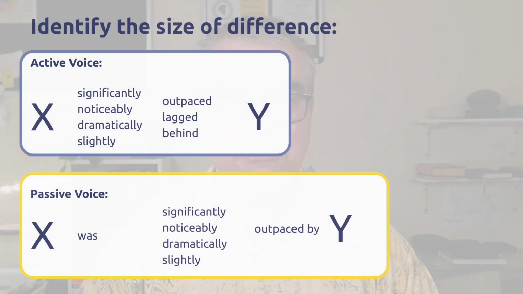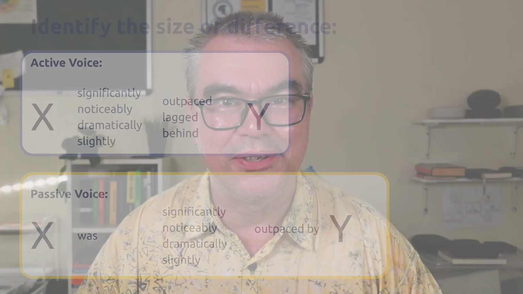I'm talking about adverbs like significantly, noticeably, dramatically, and if you have a small difference, you can use slightly. These adverbs just go in front of your verb, and you can use them either in the passive or the active voice as you like. With the passive, it's going to be was slightly outnumbered by. X was slightly outnumbered by Y, and so on.